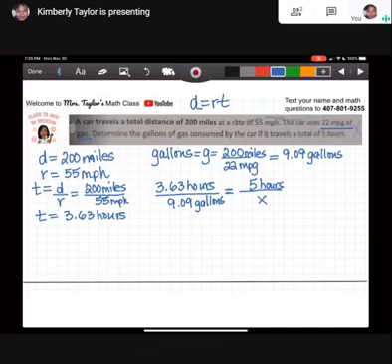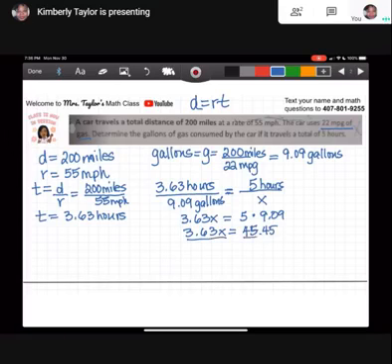But the good thing is that we can set up a proportion to figure out the unknown value. So when you cross multiply, you have 3.63x is equal to 5 times 9.09. And so let's keep going. That's going to get you 45.45.